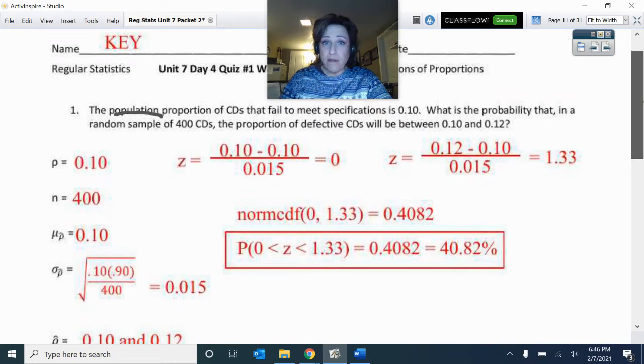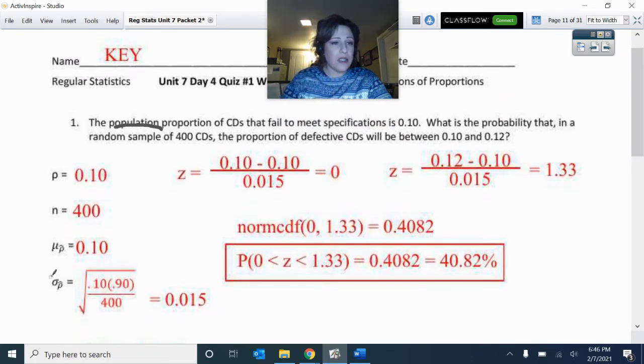And then we have our formula for our standard deviation of the p-hats. Remember that your standard deviation of the p-hats will have the population p in it, not the p-hat. So that is the 0.10, and then this is 1 minus that p over n.